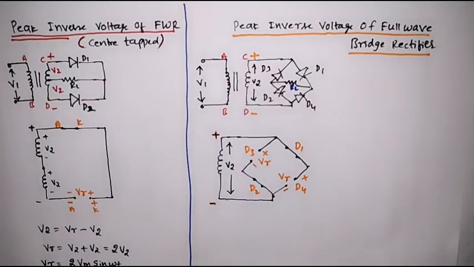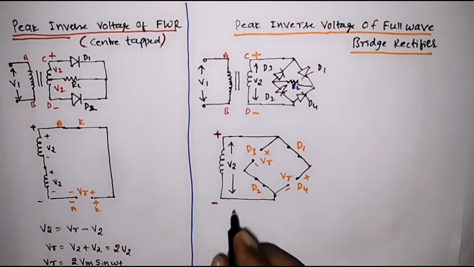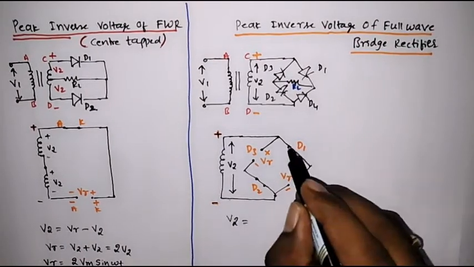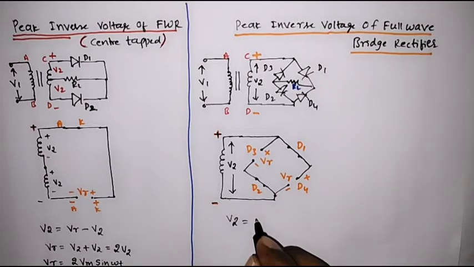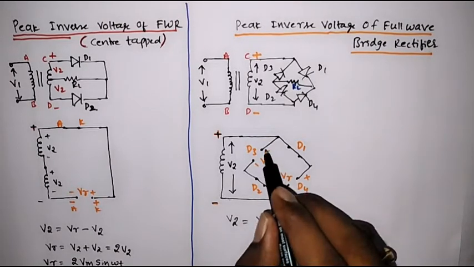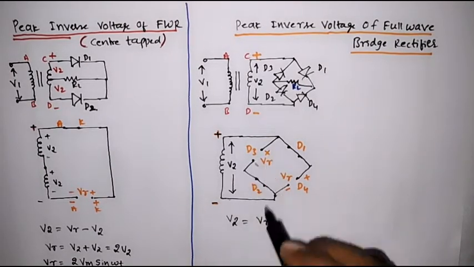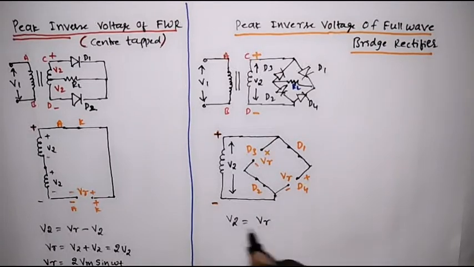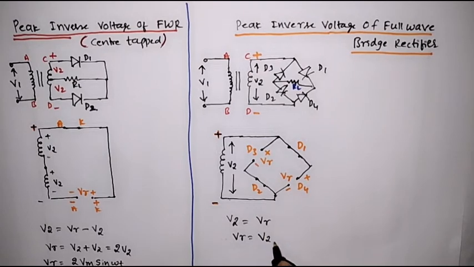Therefore I can write the equation as V2 is equal to, if we consider this part it will become VR, or if we consider this part that also will become VR. So V2 is equal to VR. Therefore, VR is equal to V2. V2 is nothing but Vm sin omega t.